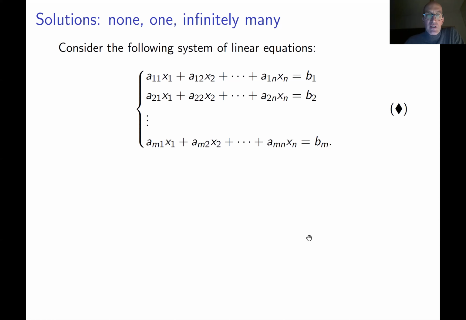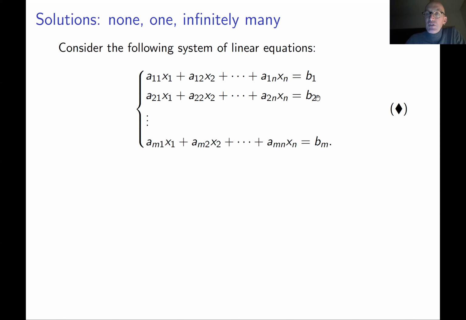But when we deal with a non-homogeneous system of equations, this is no longer the case. What could happen? It could happen that the first equation looks exactly like the second equation multiplied by 2, so a21, a22, a2n is the same as a11, a12, a1n but multiplied by 2.